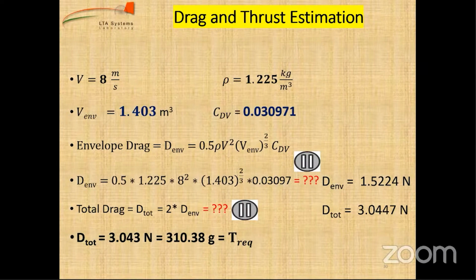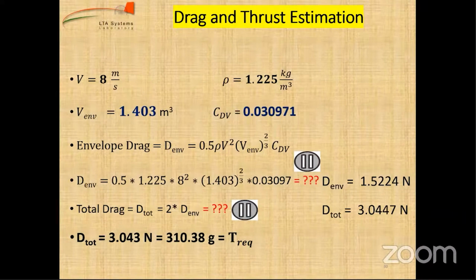Force is mass into g, or weight is m into g. So we divide it with g, we get kg. Then we convert kilograms into grams, so we multiply with 1000. So 3.043 divided by 9.81 into 1000 will give you 310. Check it. Am I right? Yes, sir.